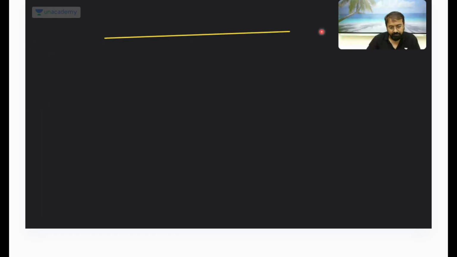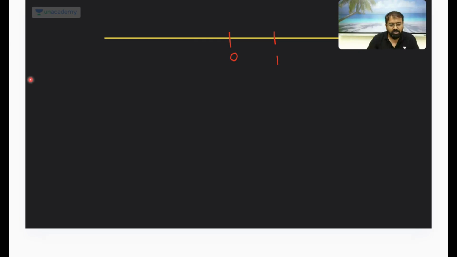On the number line, if I take numbers between 0 and 1, which numbers are between 0 and 1? Can I say 0.1, 0.01, 0.2, 0.5, 0.9, and all such numbers? If I take the value of r as this one, what will be r square?